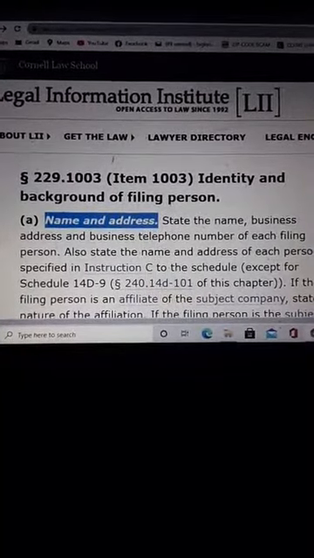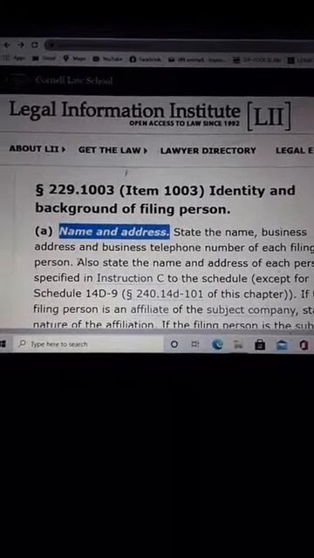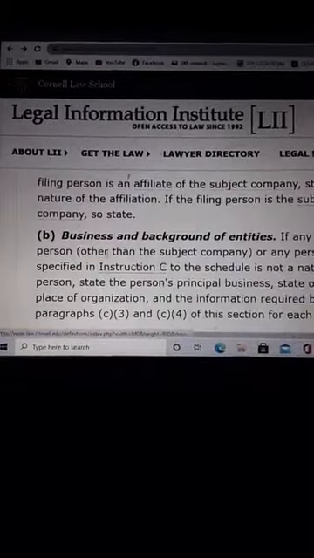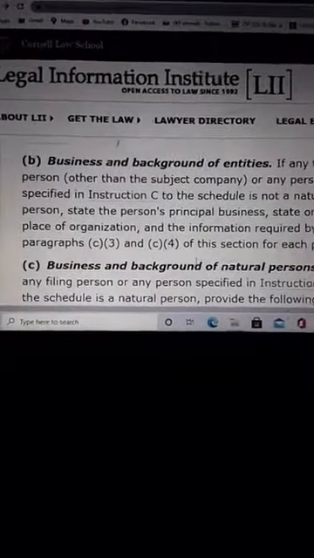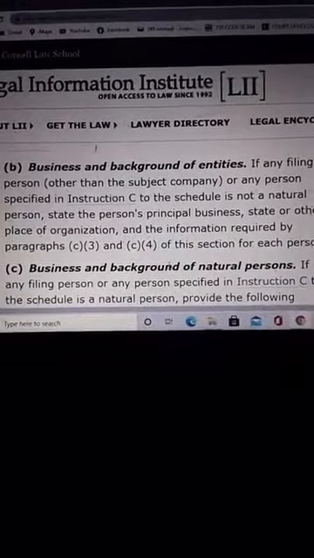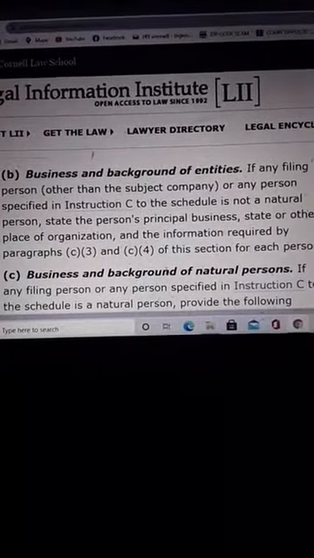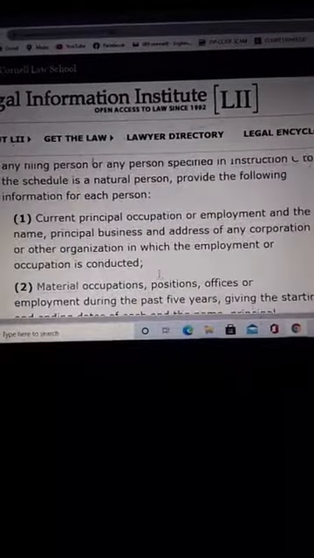State the name, business address, and business telephone number of each filing person. Business and background of entities. This is all information we need to know when we go to these hospitals, because that's what they're doing. They're creating a security instrument. And people are giving them the wrong information.